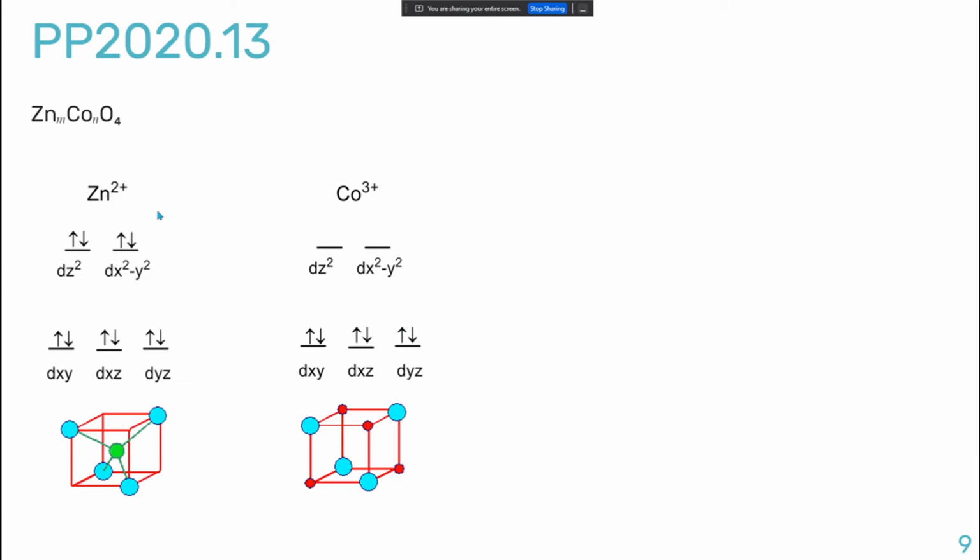And then you have to discuss and decide which kind of arrangements are taken by those ions. So for zinc, because it has 10 electrons, it doesn't matter how you fill them. Either you have this d-splitting characteristic for octahedral holes or d-splitting characteristic for tetrahedral holes.